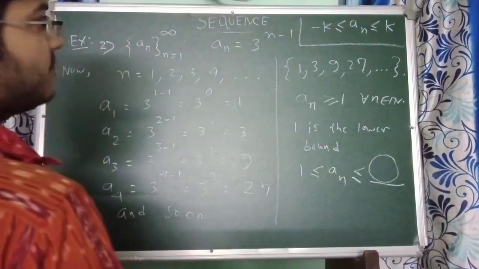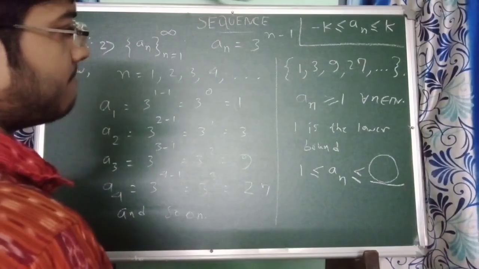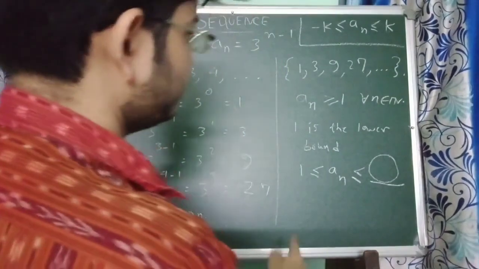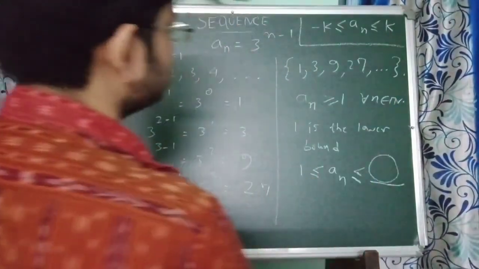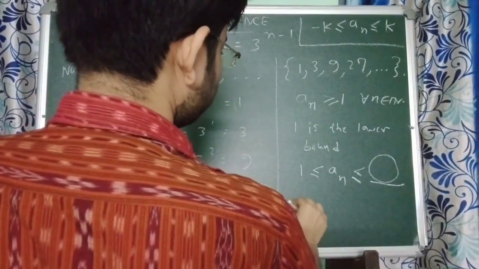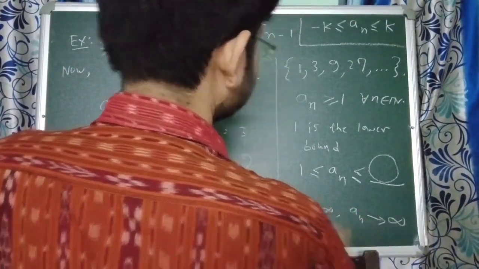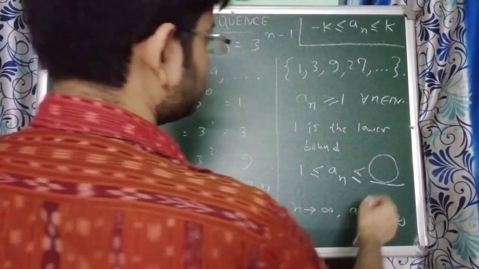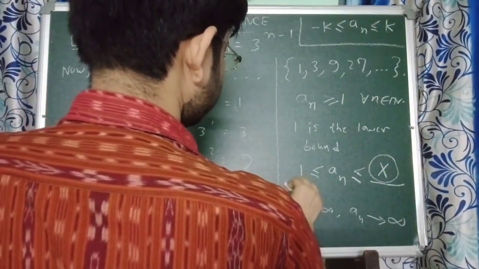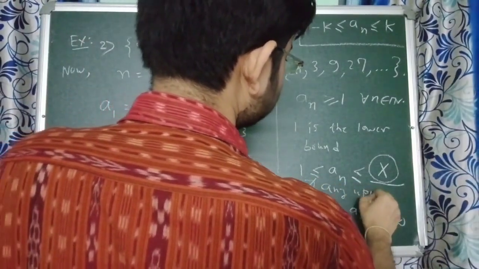So we see that there does not exist any upper bound for which this kind of inequality is satisfied. Basically, this is tending to infinity as n goes to infinity. So there does not exist any upper bound.